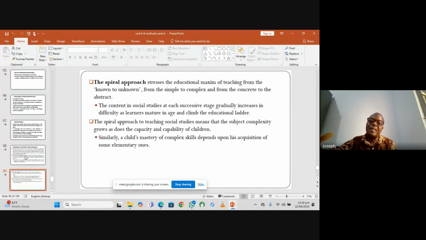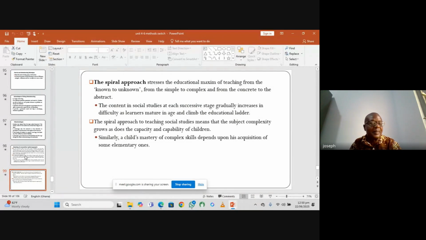So the scope and difficulty level will increase as the child also matures in brain and climbs the academic ladder. As you are moving from class 1, class 2, class 3, even though you are teaching the same concept, addition, the scope and difficulty level also increase as the child matures in brain. So we use simple to complex to explain the spiral approach.